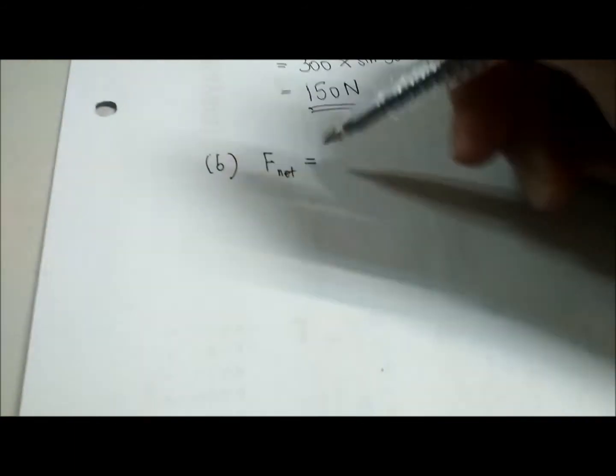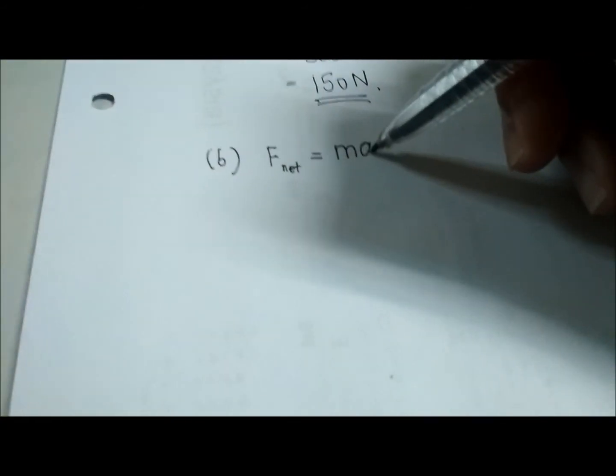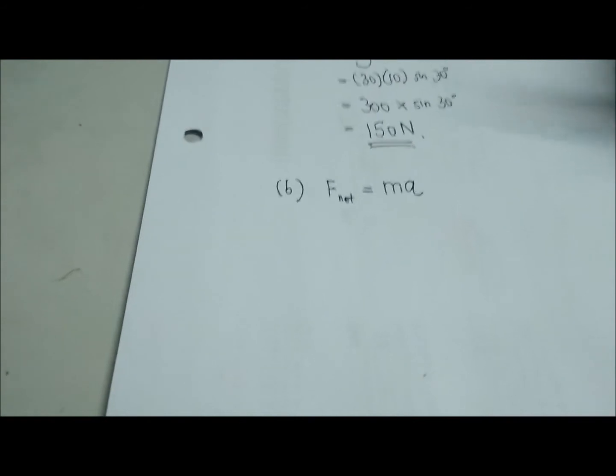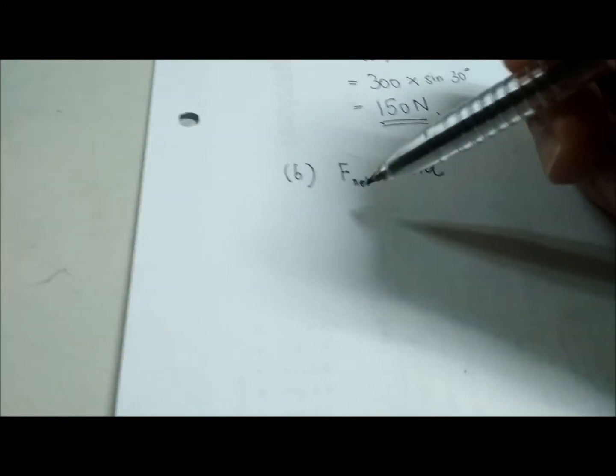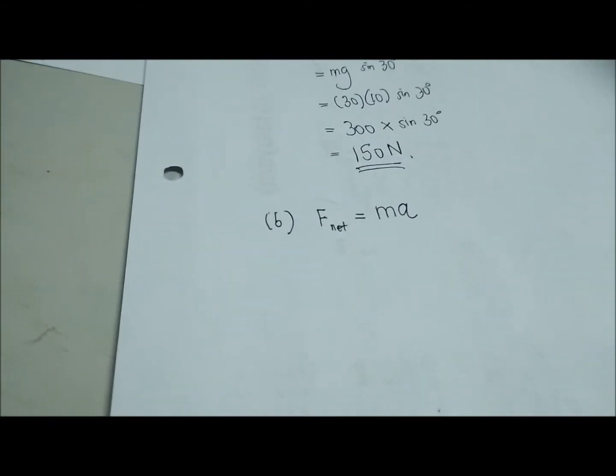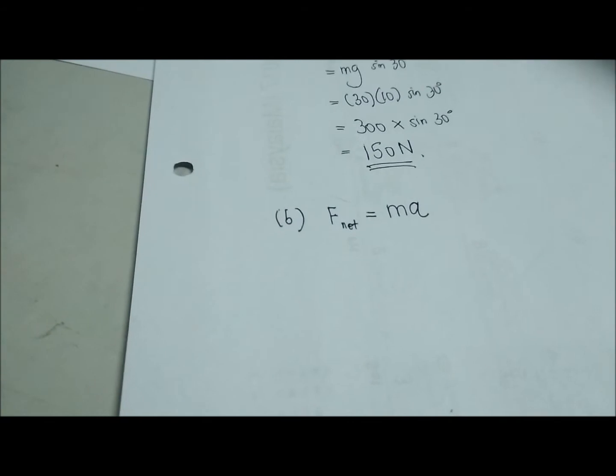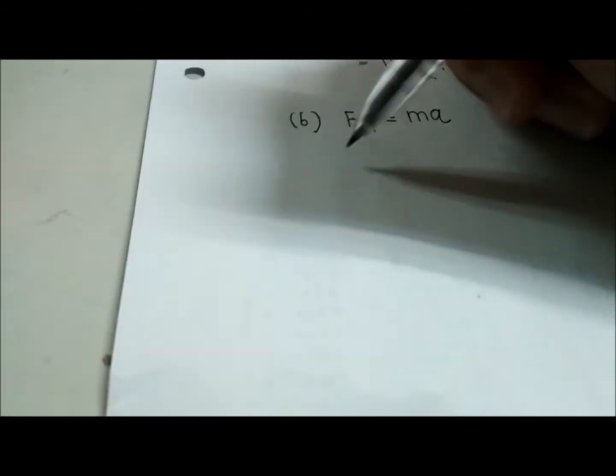F net equals ma. So F net is the addition of the friction force and Wx.